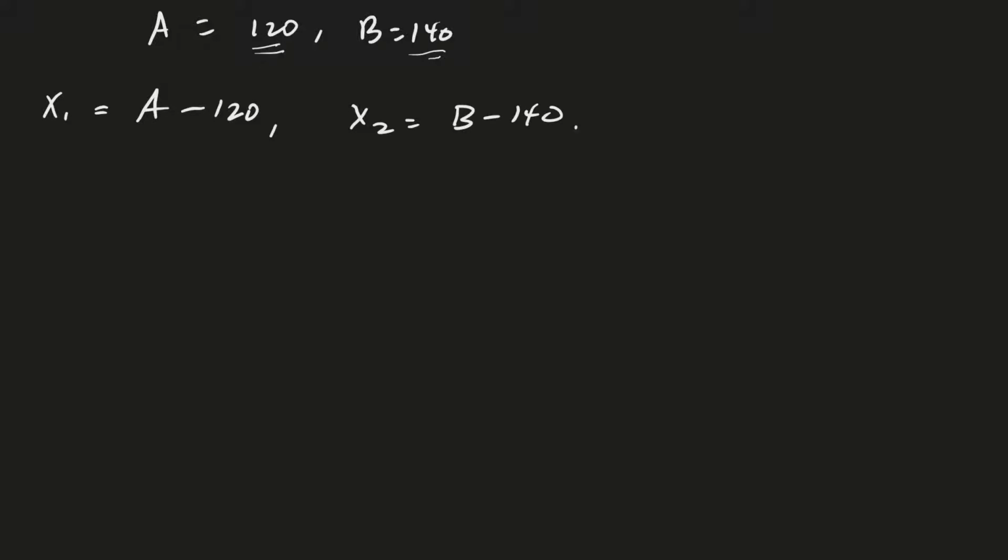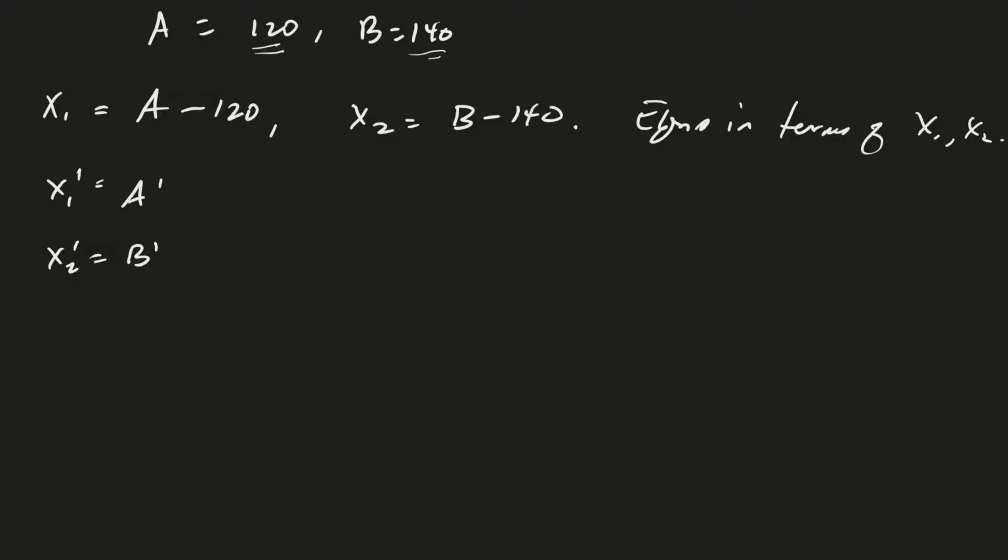What I want is to get a system of equations in terms of X1 and X2. I notice that X1 prime is equal to A prime, and X2 prime is equal to B prime. So that's nice.